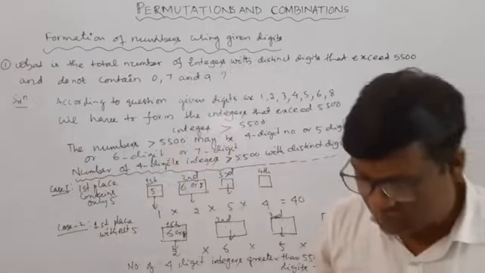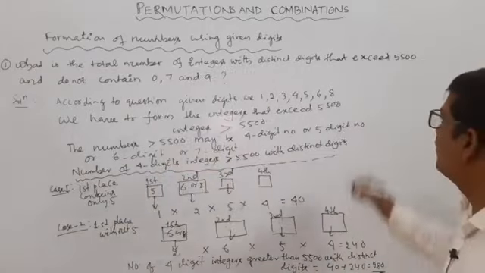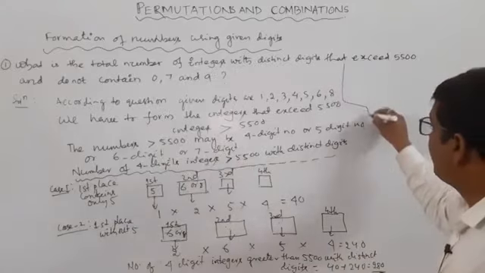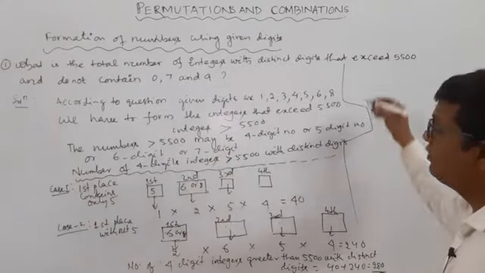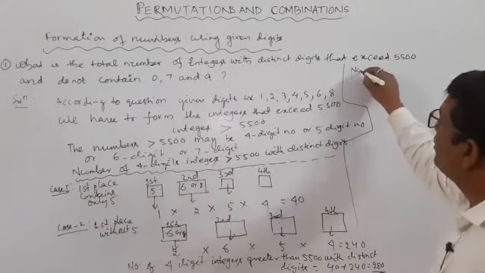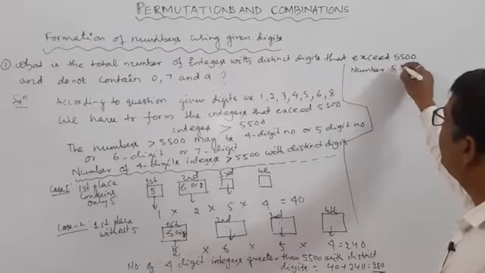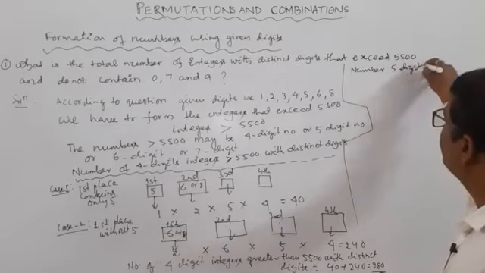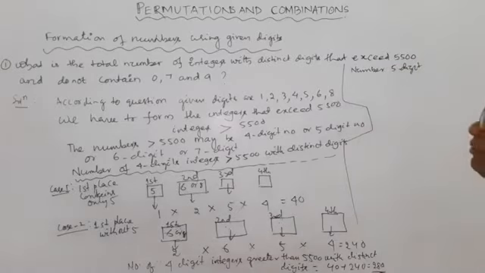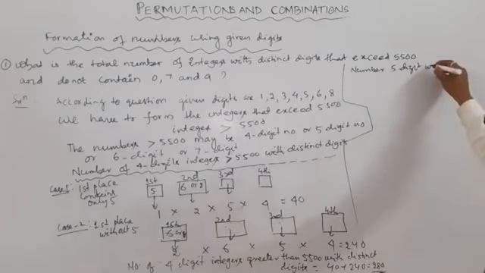Now we'll calculate the number of 5 digit numbers with distinct digits.